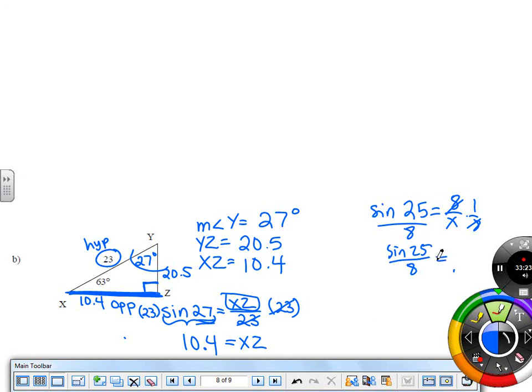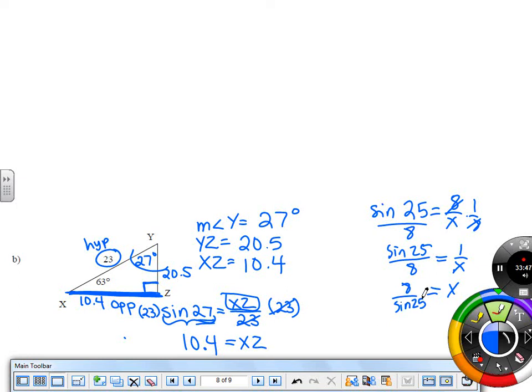But is that equal to x? It's equal to what? 1 over x. So then what do we have to do? Divide 8 by the sine of 25. Yes. So we basically have to take the reciprocal of each of the sides, right? If we want this to be x, then this has to be 8 divided by the sine of 25. Okay? Does that make sense?